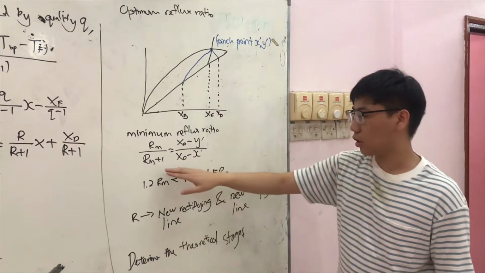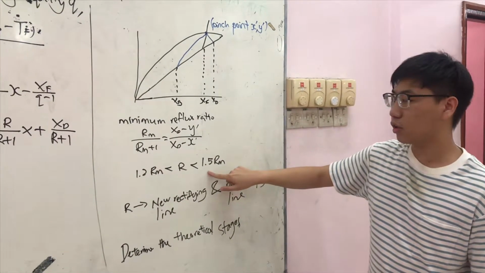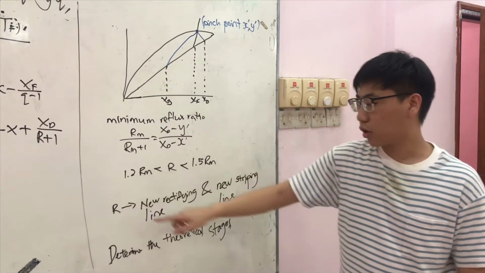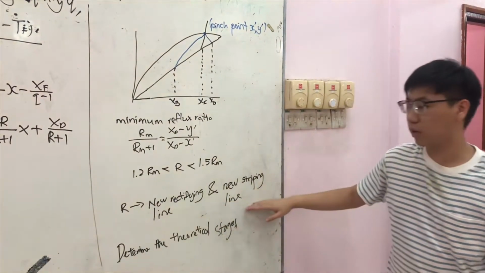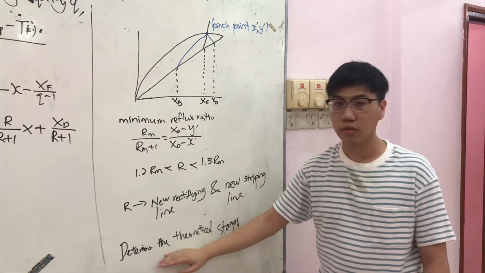After calculating Rm, we can take the range from 1.2 to 1.5 times Rm to calculate the new R. After calculating the new R, we can get a new rectifying line and new stripping line. Then we can calculate the theoretical stages.